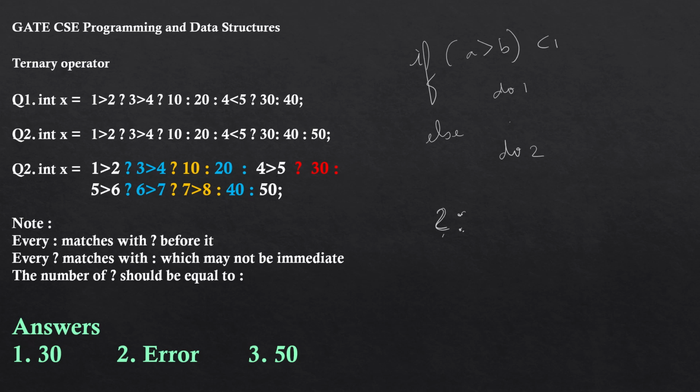One question mark and colon. So we give one expression. We check if this expression is true. If it is true, do expression 2, else expression 3. Similar to what we have in that if block.